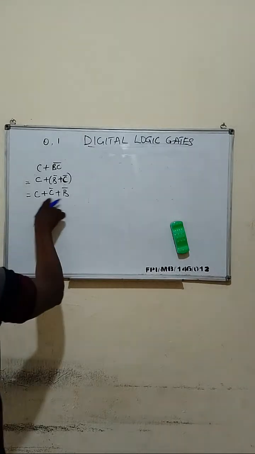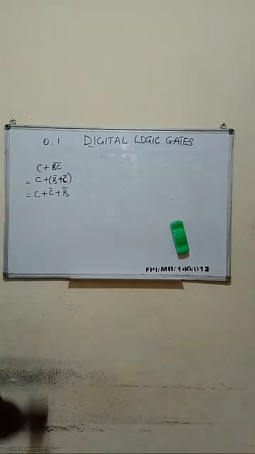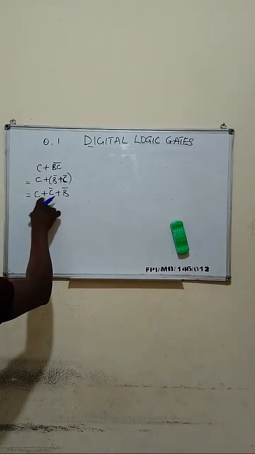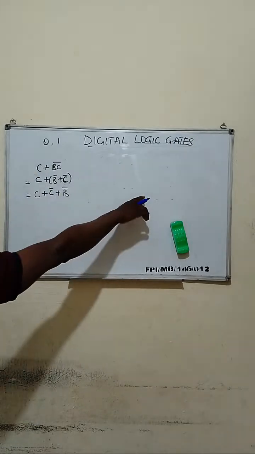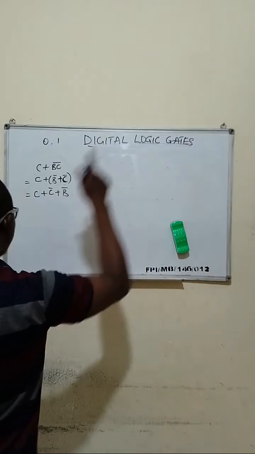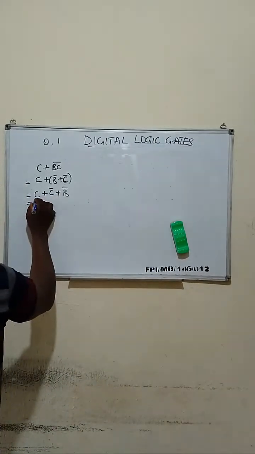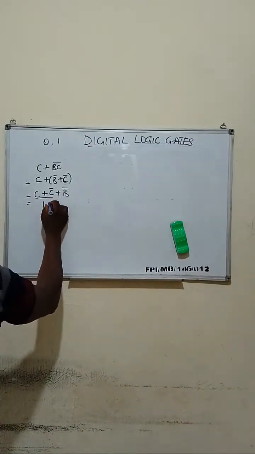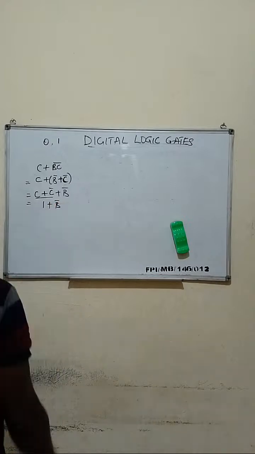But C plus C bar, if you look at the complement law, is always 1. Just like the question that someone asked, A plus A bar is always 1. So here, C plus C bar is 1, then plus B bar.